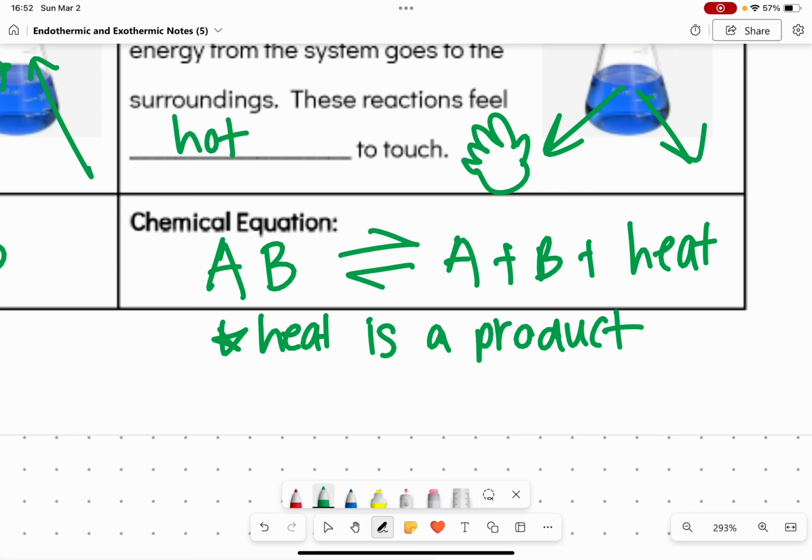And a product we know is on the right side of the equation. Okay. And again, you're not going to see the word heat. You are going to see a number with the unit J for joules. So it will be a number with the unit J.